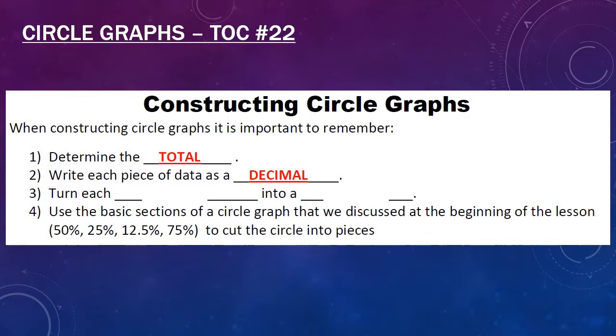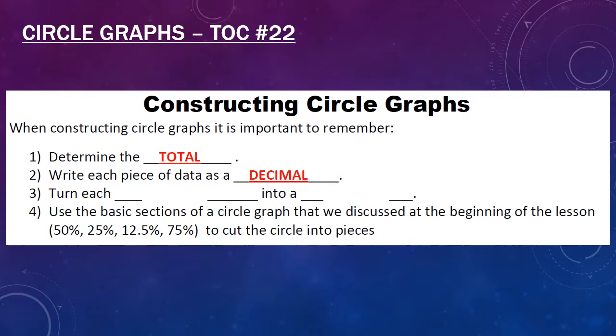Here's where your calculator comes in, because you have to put your amount that picked that category out of your total, which is your denominator, and you're going to divide. In your fraction decimal percent unit, you don't get a calculator, but for this unit, you do. Just remember, it is top divided by bottom. So when you put them in the calculator, you put in the top number, then you hit the divided by button, and then you divide by that bottom number.